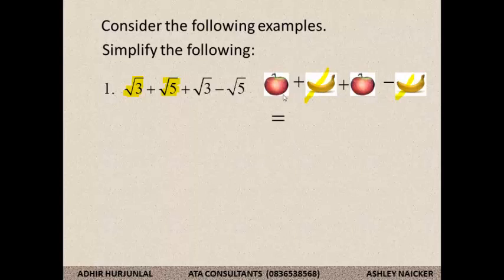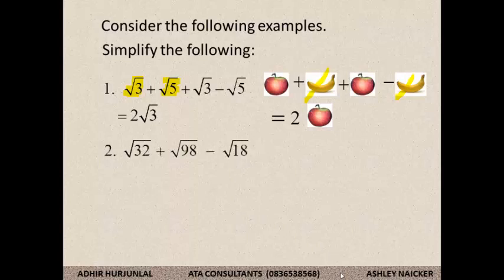Basically that tells me that I'm left now with 2 apples. And remember, the apple was the same as root 3, so the answer here becomes 2 root 3. I hope you understand that concept. It's a very, very important concept that is going to assist us when we are simplifying our surds.